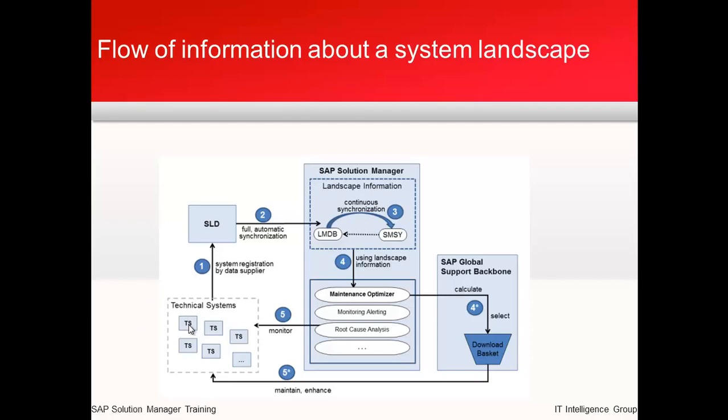These are the technical systems that you have, multiple technical systems. These technical systems get registered in the system landscape directory. This happens via automated data suppliers that are set up in the technical system. So we install the diagnostic agent and the host agent, which automatically supply the information to the SLD system.